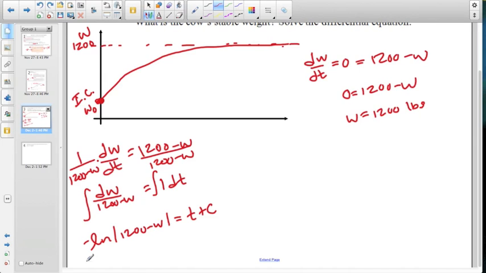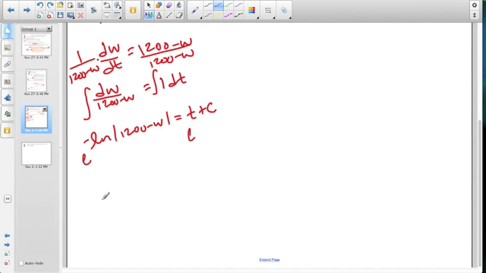And if we raise each one of these exponentially, then we can use our law of logs to go ahead and bring down this in front of the natural, or this in front of the exponential. Whoops.